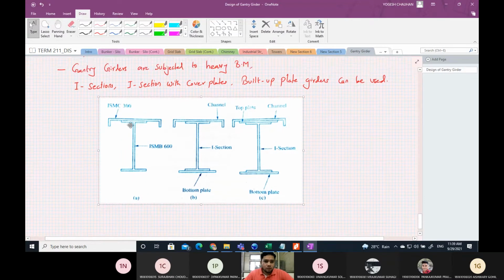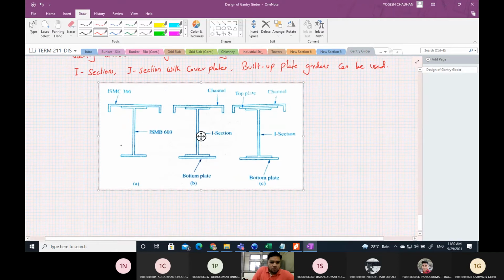Now, here you can see there is an ISMB I section. Here, I section with cover plate. When the bending moment is too high as compared to the strength of the available rolled section, then we may use I section with cover plate.